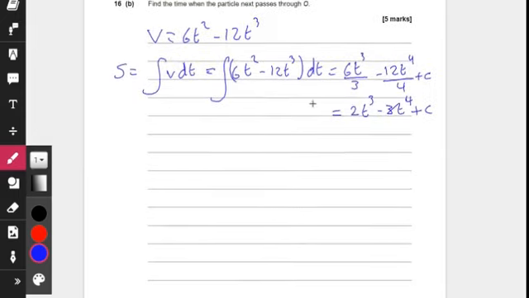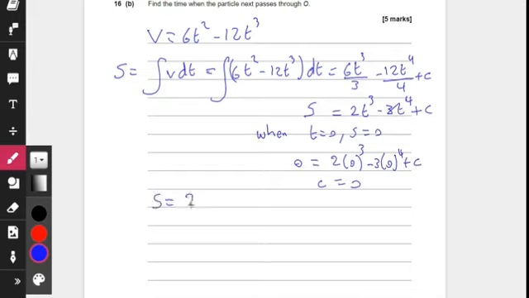So when t equals 0, s equals 0, so 0 equals 2 lots of 0 cubed minus 3 lots of 0 to the 4 plus c, therefore c equals 0. So we can say that s is equal to 2t cubed minus 3t to the 4, and our constant is just equal to 0.